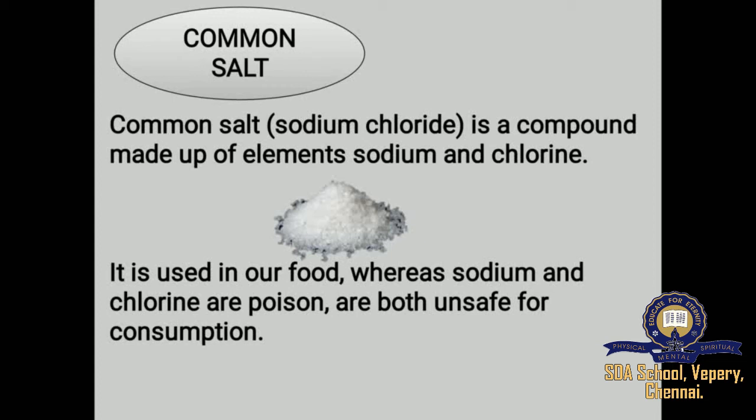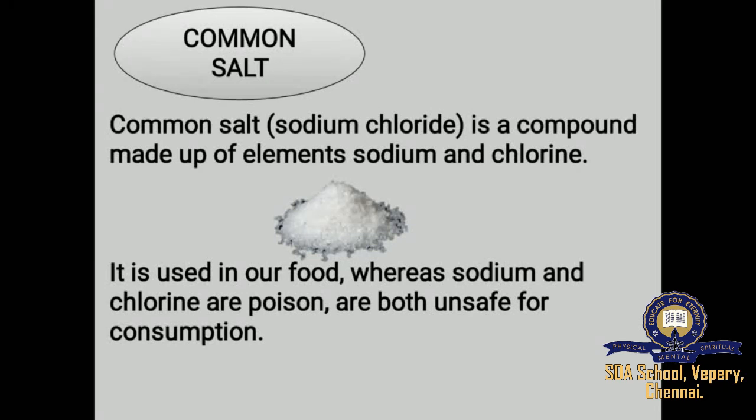It is made up of the elements sodium as well as chlorine. Sodium is an element and chlorine is an element. When sodium and chlorine combine, they form the compound common salt. Common salt is used in our food, right? Whereas the elements sodium and chlorine are poisonous and unsafe for consumption.